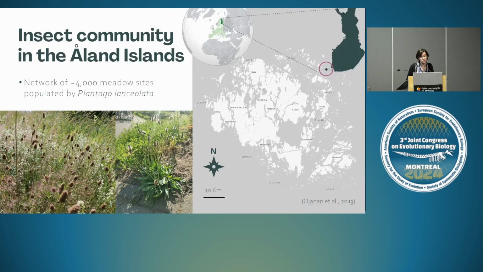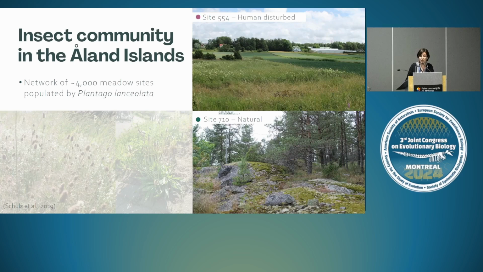A good system to look into this gap is the insect community in the Åland Islands. The Åland Islands is an archipelago located in southwest Finland, and there we have a huge network of about 4,000 meadow sites that are populated with Plantago lanceolata. These sites have been used for several long-term studies, so we already have a lot of information on them.